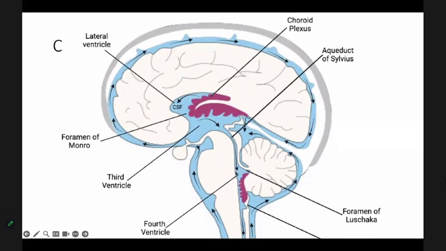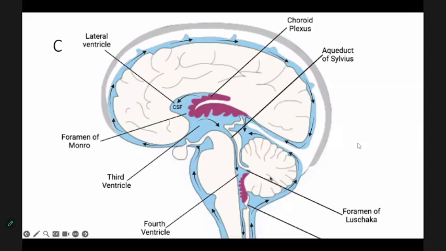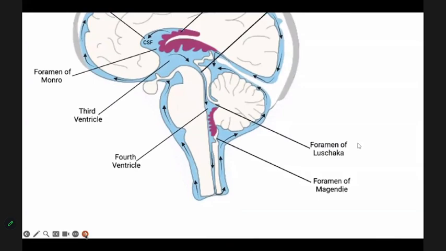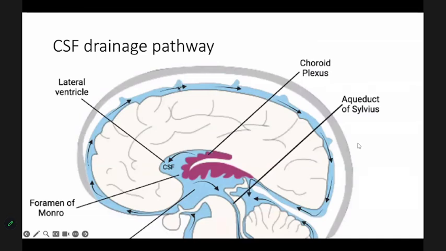And in the fourth ventricle, you have the foramina of Luschka and Magendie, through which it then flows out into the subarachnoid space. And then I showed you the outpouchings. Then it gets absorbed into the dural venous sinus. So that's the normal CSF drainage pathway, right?